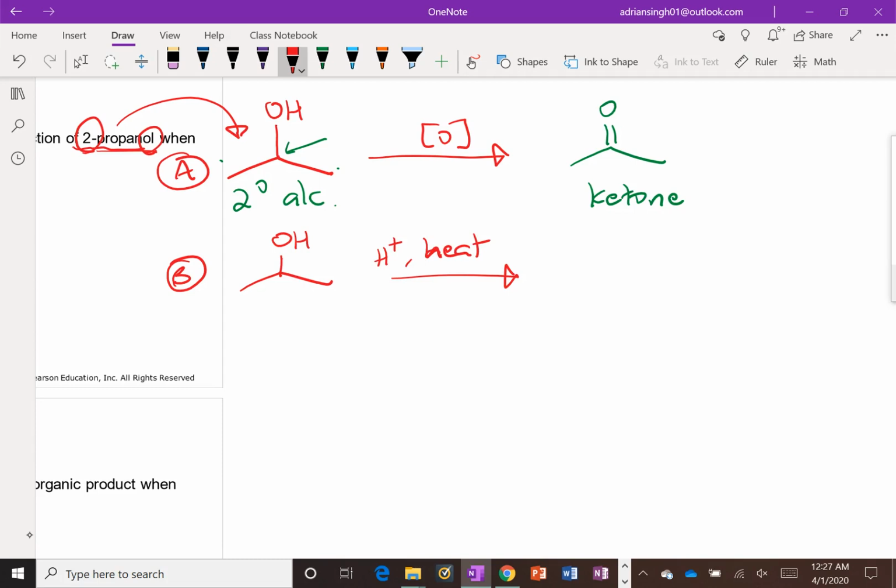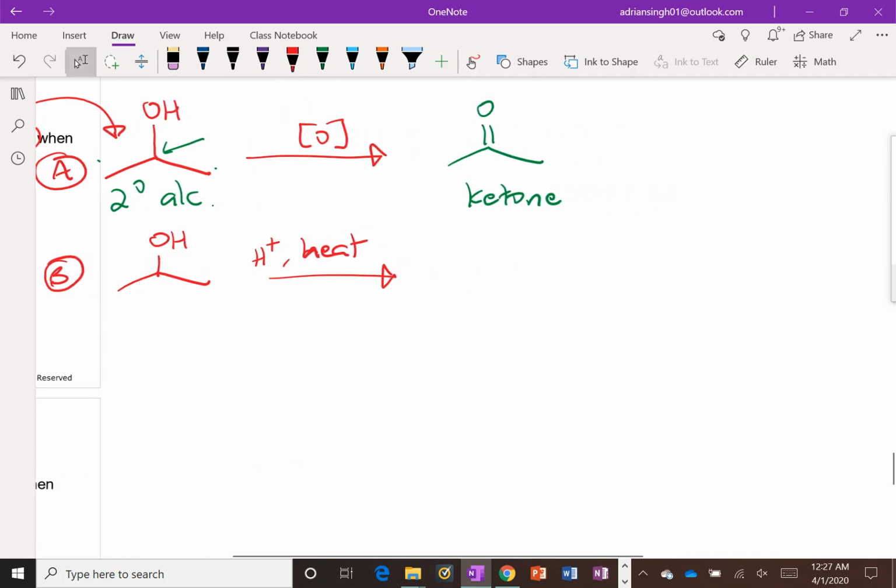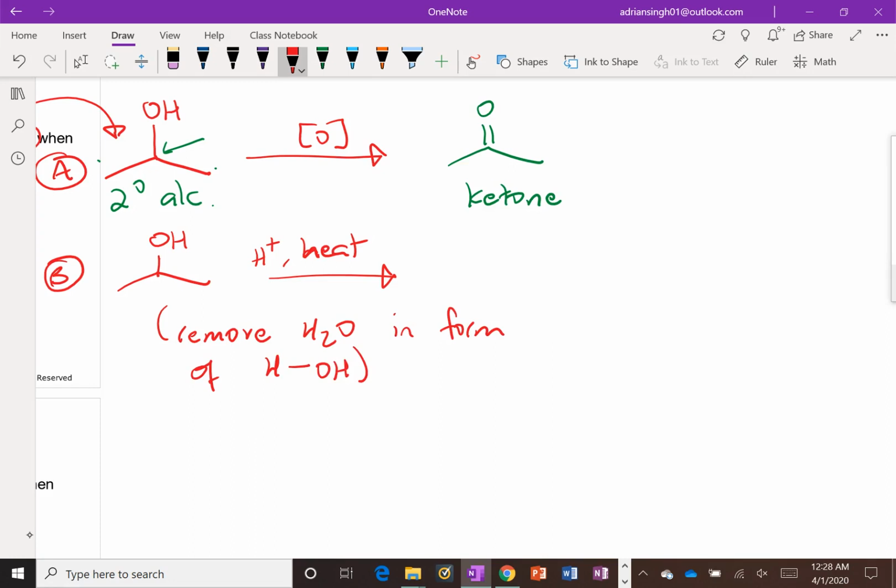Dehydrating means we're going to remove water in the form of H and OH. So we know right away where that OH is going to be lost from. It's going to be lost from that carbon. And we're going to lose an H from an adjacent carbon. And wherever we lose that H from, we're going to replace it with a double bond between those two carbons.